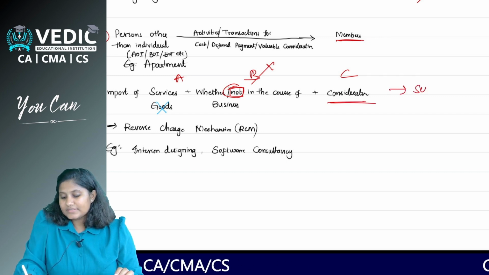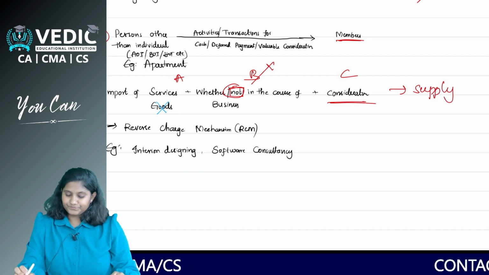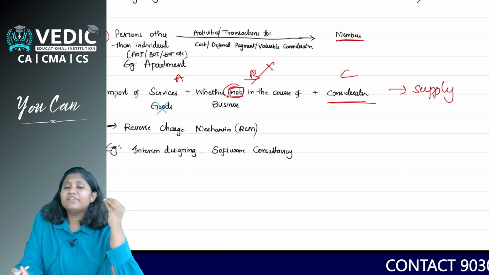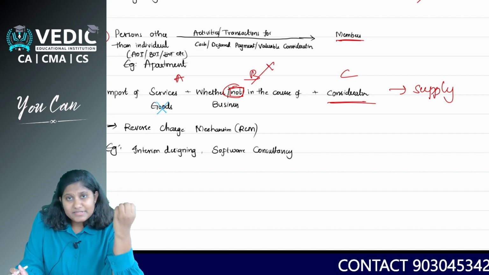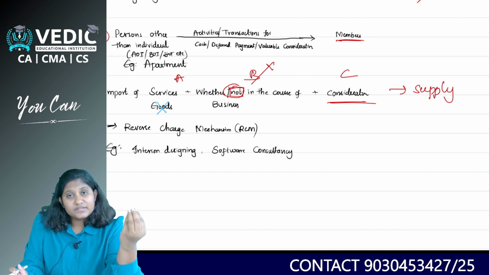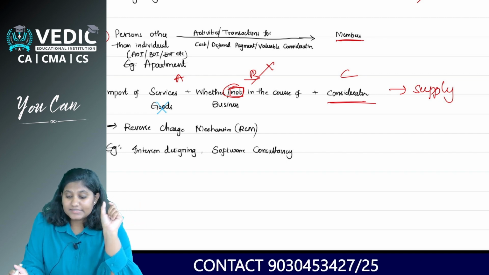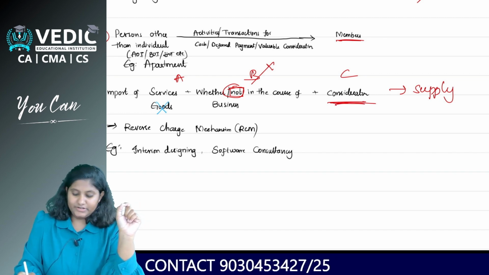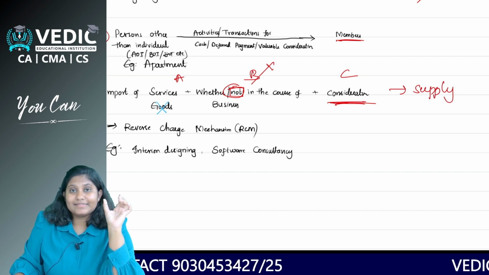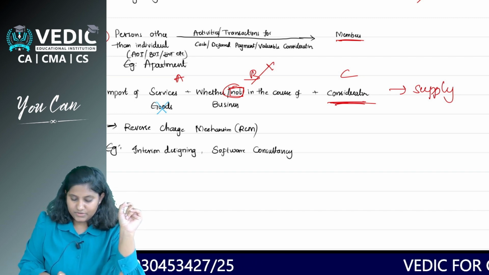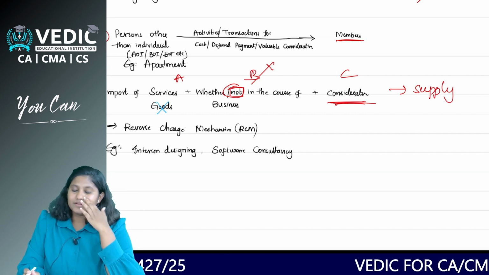Then also we will consider it as a supply. How? Even if it is not in the course or furtherance of business, if importation of services is made and some separate consideration is charged, then we consider it as a supply. Right? Okay.